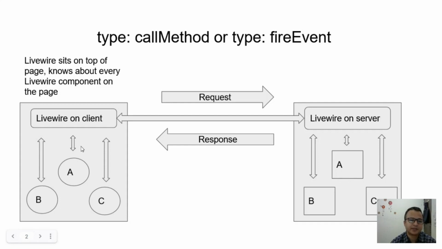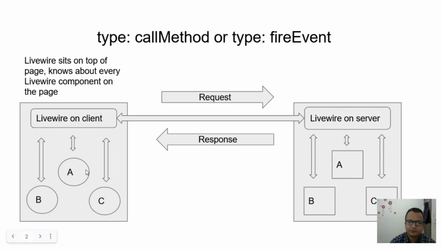Based on the type of event, it could be a request for an action. For example, if you click on a button and the button wants to call a method on this component class, that will be of type action, or you can say call method.